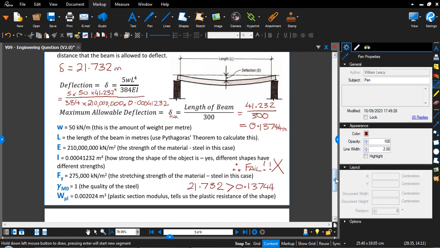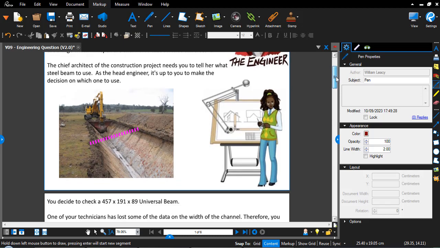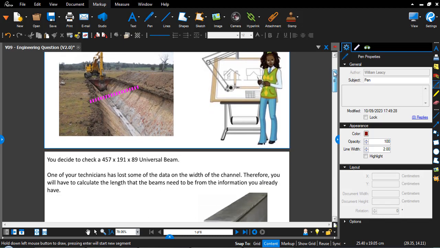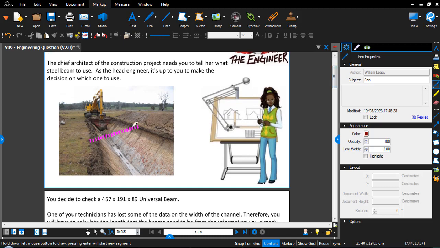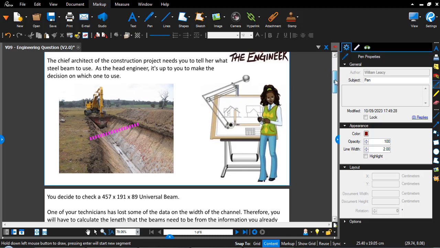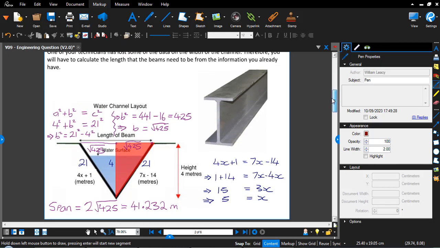So I was supposed to give you something different. Hashem in year 9, boys, said to me today that he got a value of 41 meters for the beam. And I was like, no, it shouldn't be that.